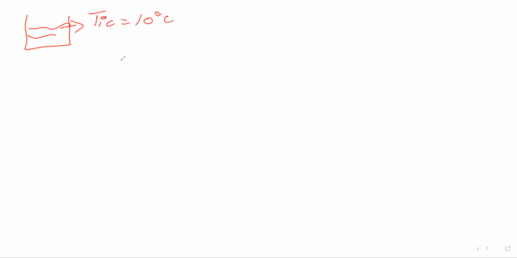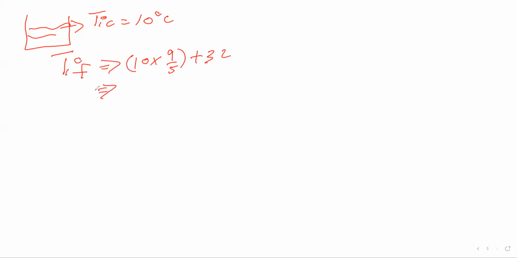What he is saying is that let's convert this into degrees Fahrenheit. So T initial in degrees Fahrenheit, how would we do this? It would be 10 times 9 upon 5, plus 32. With me?